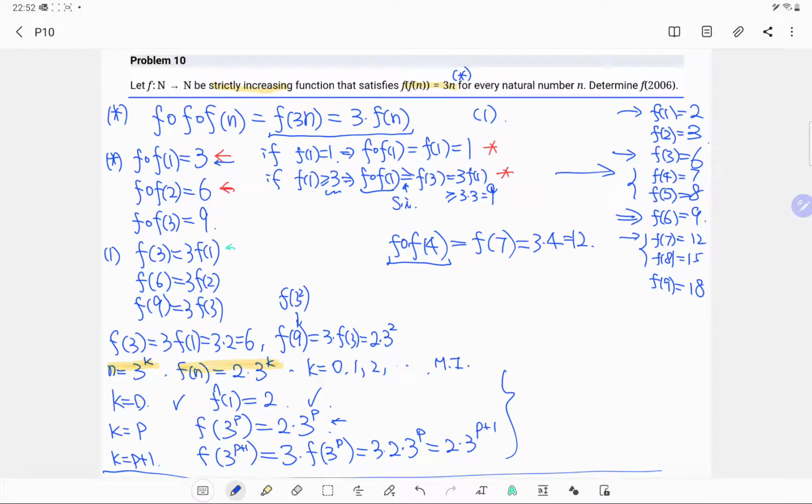So this is that case. And f of 5 is 8, so f of 8 should be 3 times 5, using the original equation and substituting n equals 5. So it should be 15. So this is that case.